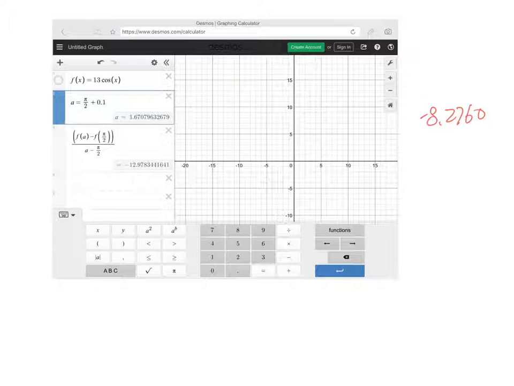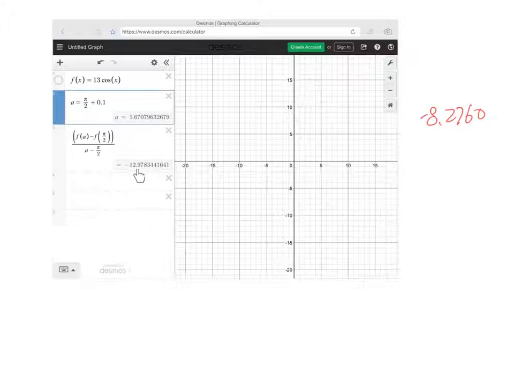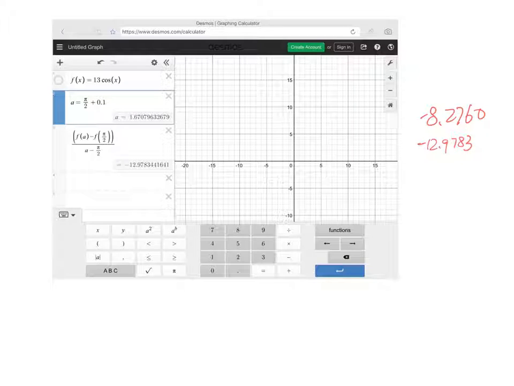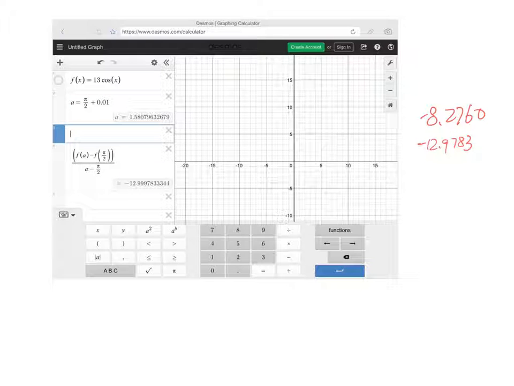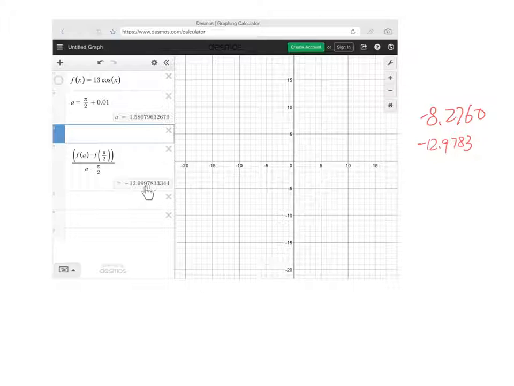Negative 12.9783. Now if I continue to make my interval smaller and smaller, so this time it's 0.001, okay? And you see that this changes to negative 12.99978.